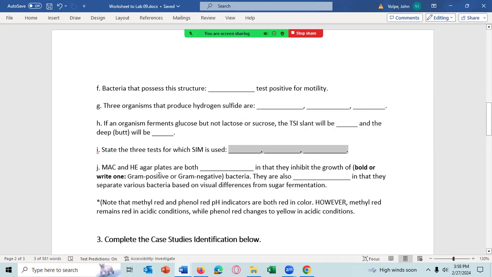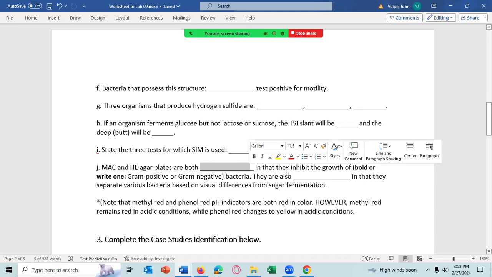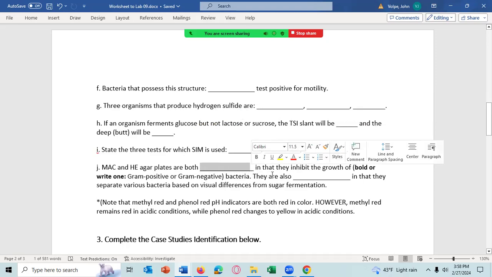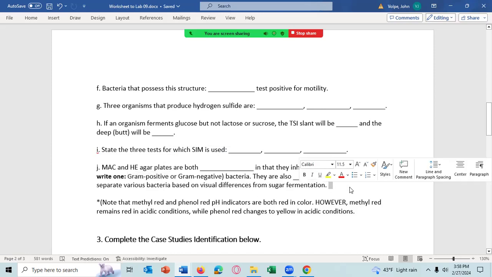2J, MAC and HE plates are both what? In that they inhibit the growth of either gram-negative or gram-positive bacteria. So give me what that is right there. And then you should tell me what MAC and HE inhibit the growth of, either gram-positive or gram-negative. And you can bold the answer here or underline it, or you could write it out here if you want to write it.